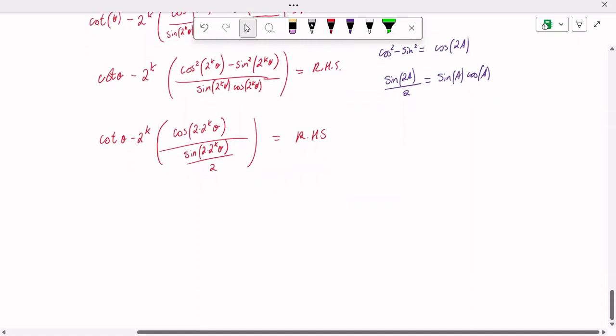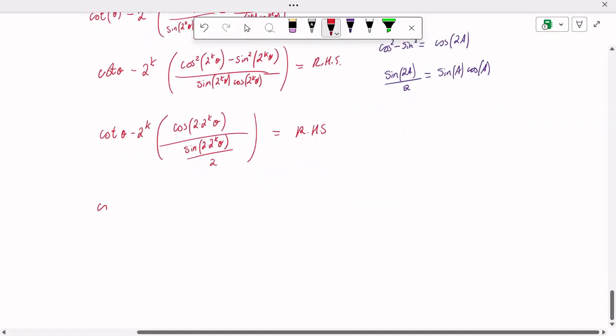When we divide by 2, we're really timesing by 2. So I've got cot theta. So when we divide by half, I can pull that out the front of cos 2 times 2 to the k theta on sine 2 times 2 to the k theta. This is feeling pretty close.